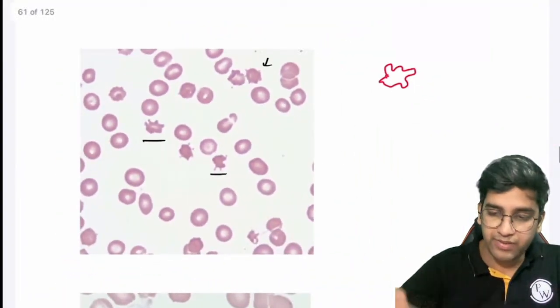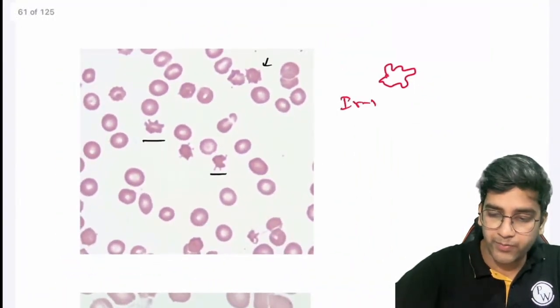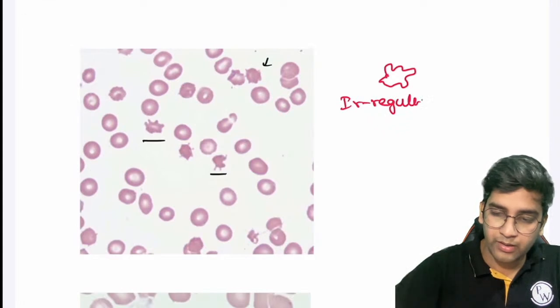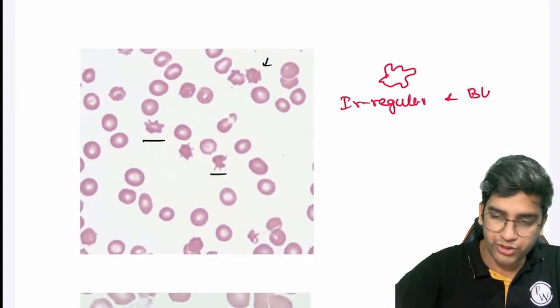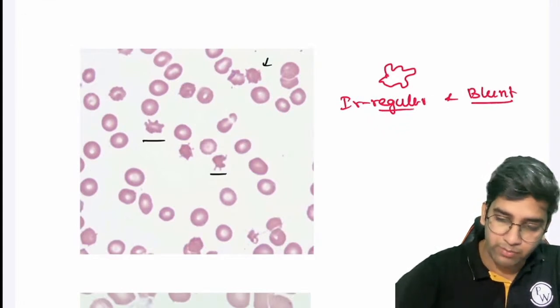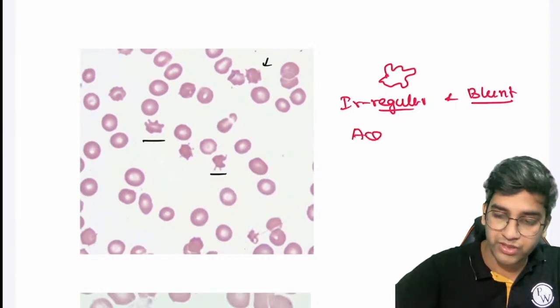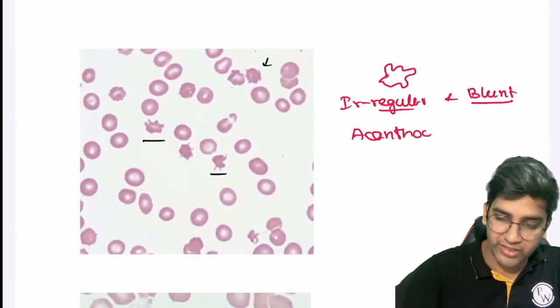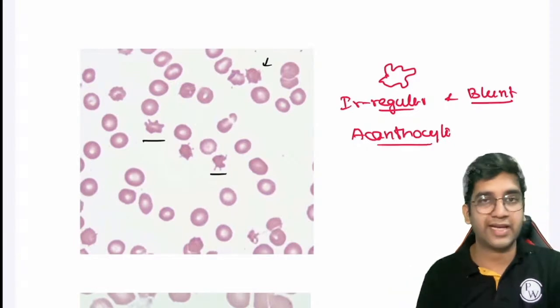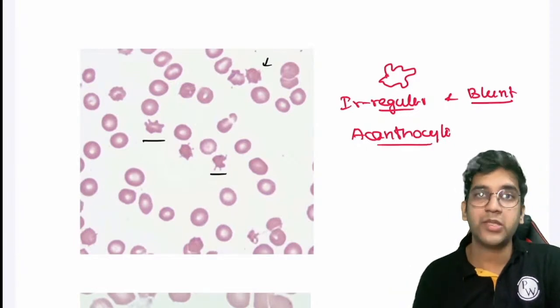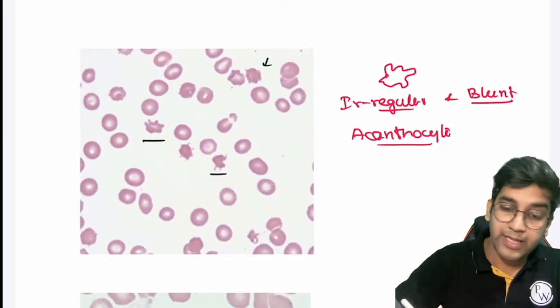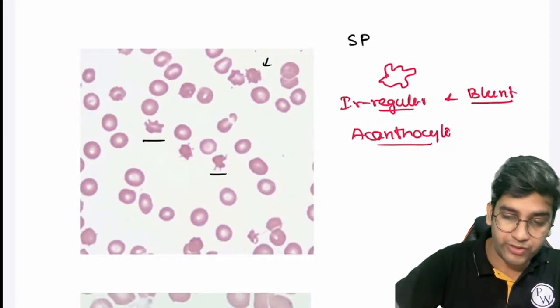So when you have an RBC with irregular and blunt projections, you think of something called an acanthocyte. Okay? Acanthocyte is an RBC with irregular and blunt projections. It also has one more name called a spur cell.